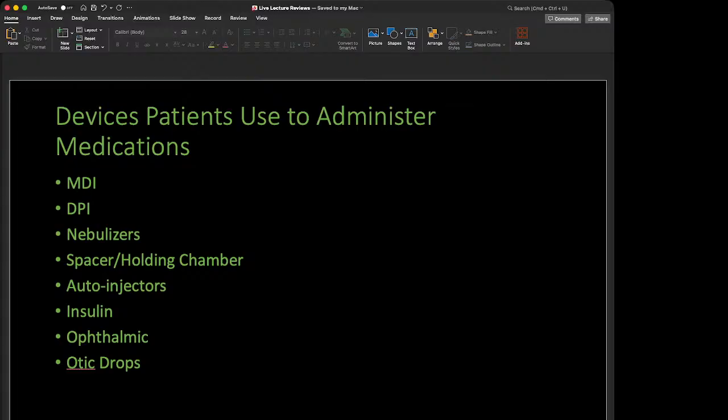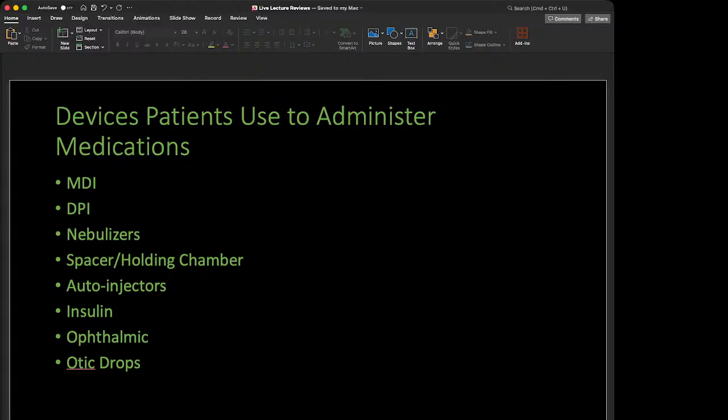Knowing how to administer those kinds of medications is important as well, so it's always important to know how to counsel a patient on using those drops. Same with ear drops, you have to know how to administer those as well. But I'm not going to go over these in this presentation. We will look at that in a future presentation.